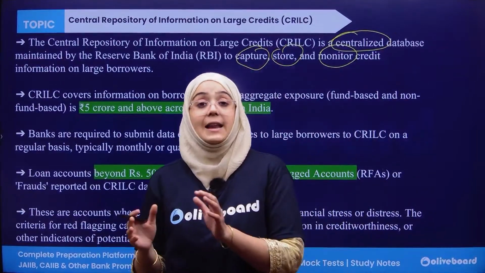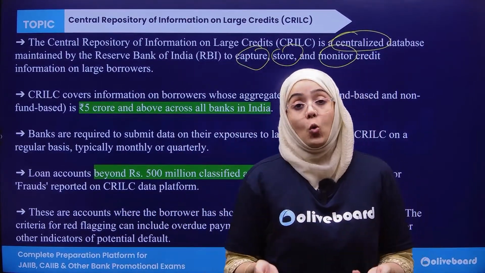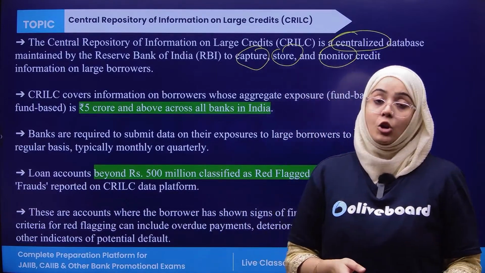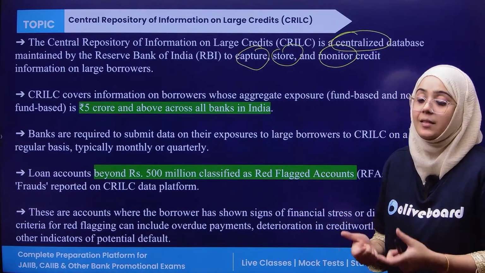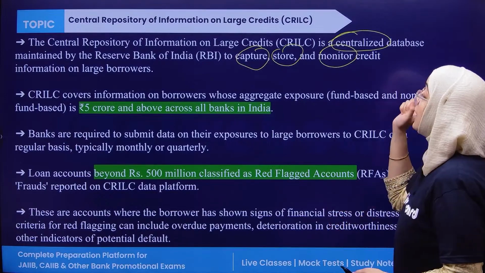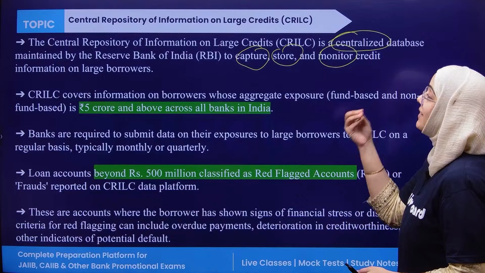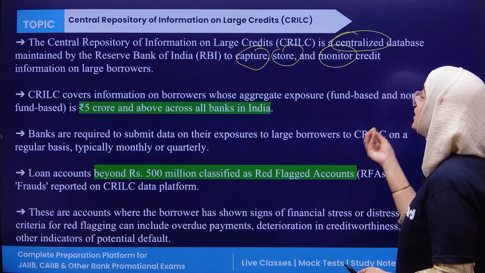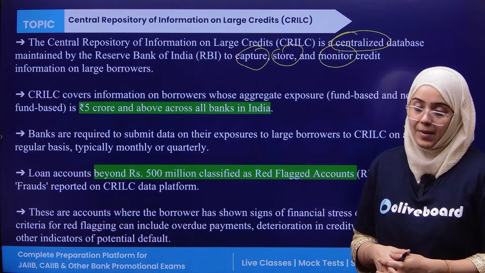If there is any large borrower who has taken very large loans from the bank, then for capturing, storing, and processing the data of the large borrowers, there is the Central Repository of Information on Large Credit. This is the centralized database for this.